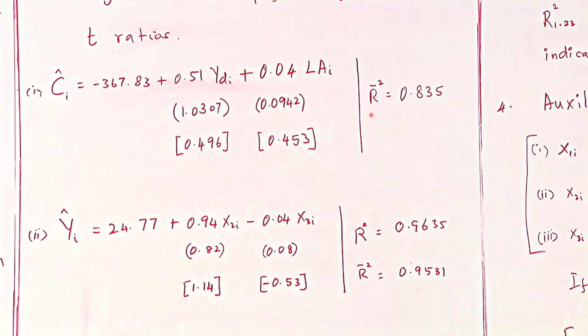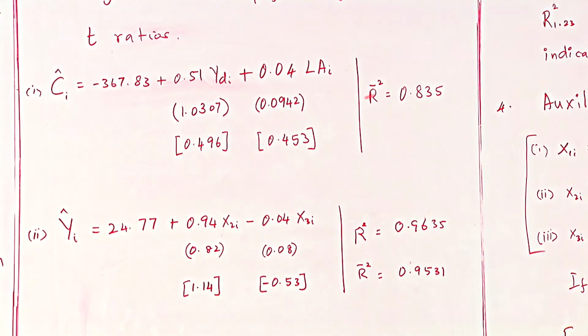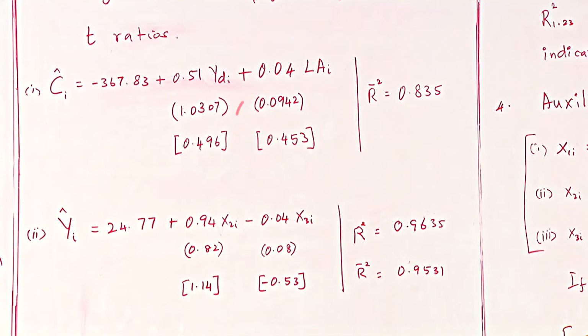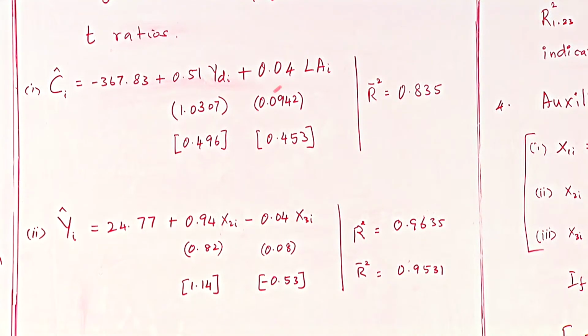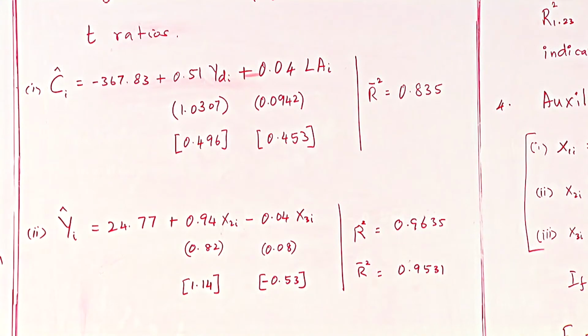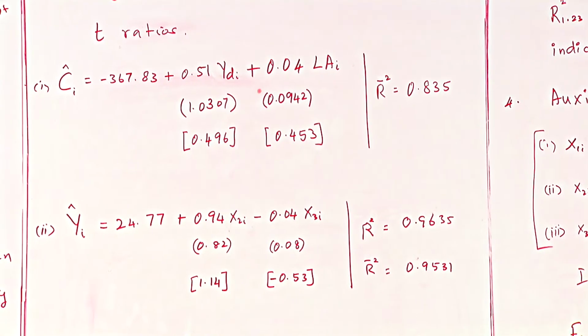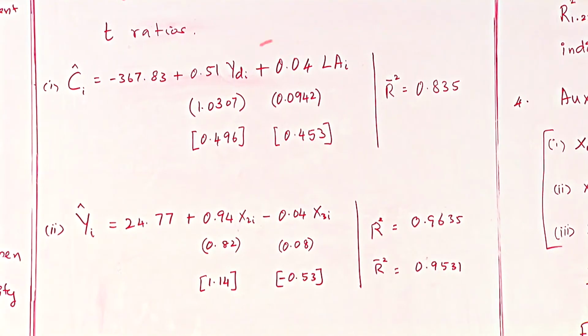So, R square is surprisingly high, while surprisingly the T values are very low. This is the situation where you can suspect that a multicollinearity problem exists. Naturally, the income and the saving of the individual may be closely related, and that is the source of the multicollinearity problem.